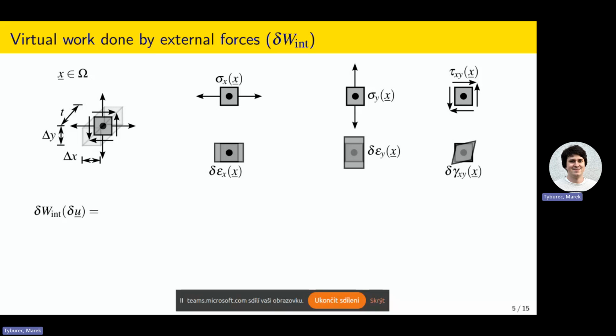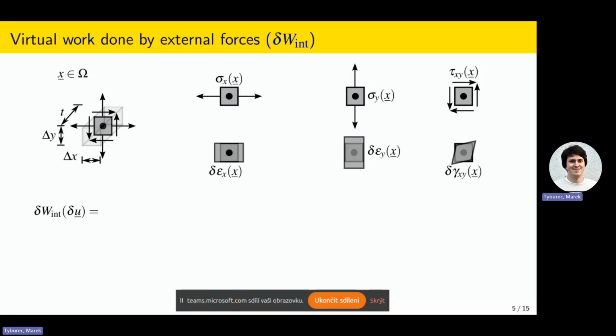For this x component of the stress, we have sigma x of x. To get the force, we need to multiply it by delta y and t. That's the area on which this stress acts.